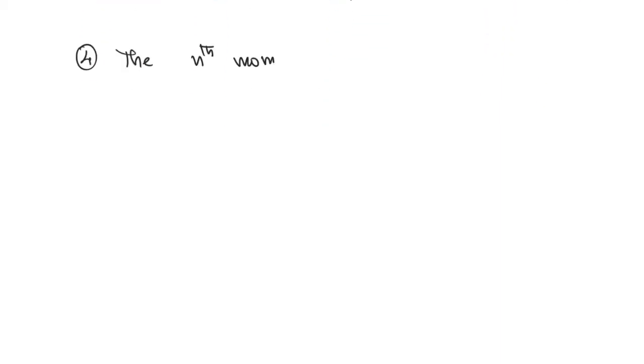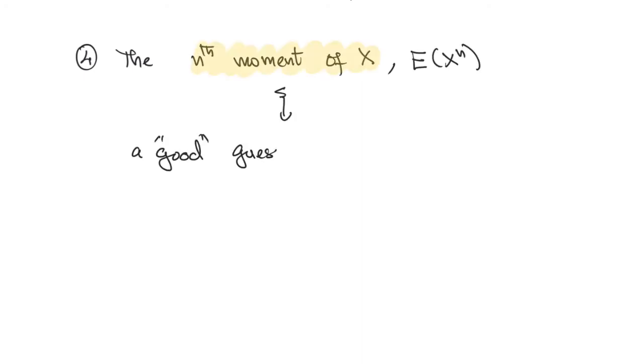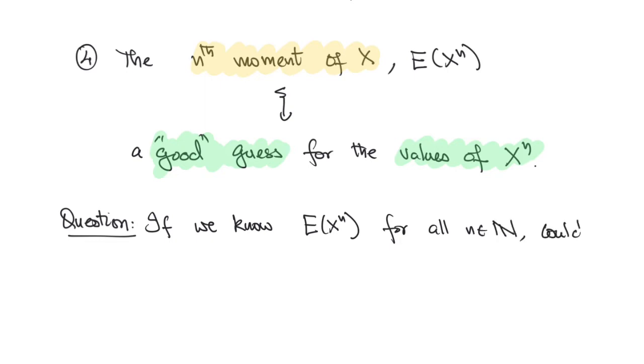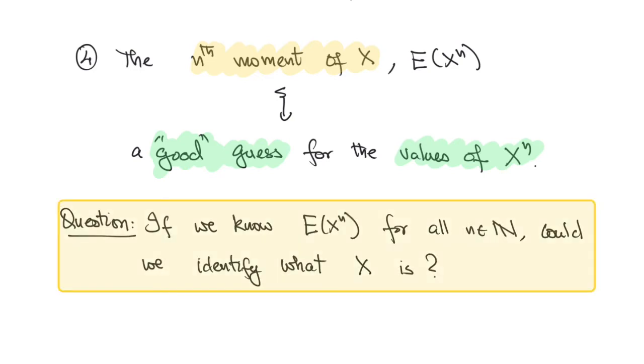The nth moment of X as a result, that is the expected value of X to the n, is going to be a good guess for the values of the random variable X to the n. A question that is motivated by many other things in mathematics, but we will ask it anyway, is: if we knew the expected value of X to the n for all values of n, could we identify the distribution of the random variable X?